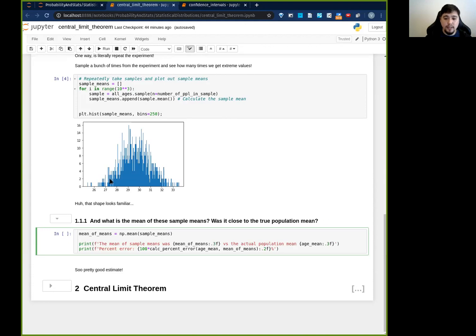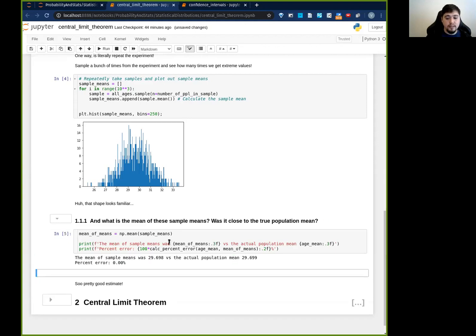What if we took the average of all these sample means? It turns out it's pretty close: the mean of the sample means was 29.698. I had to add extra decimals, because the true value is 29.7, to see the little difference between these two.